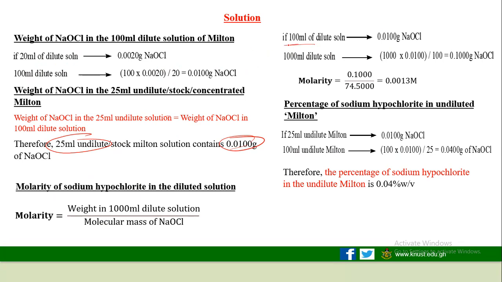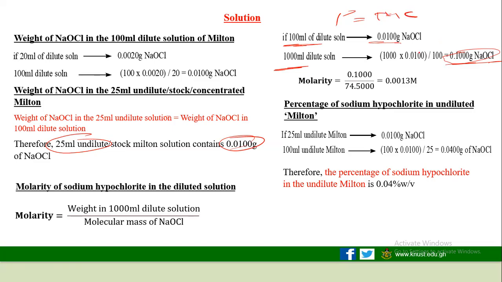So if the 100 ml of the diluted contains this amount, then 1,000 ml of the diluted should contain what? This will give us the mass in 1,000 ml for the diluted. But we are not looking for mass. We are looking for what? The moles in 1 liter or in 1,000 ml. So we divide. This is the formula: P is equal to MC, where P is the mass density.